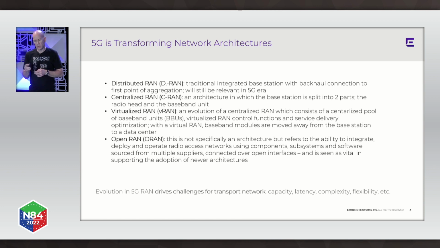So with the virtual RAN, the baseband modules are moved away from the base station to the data center, which means that you now start to actually run those functions on computes. So you virtualize everything.